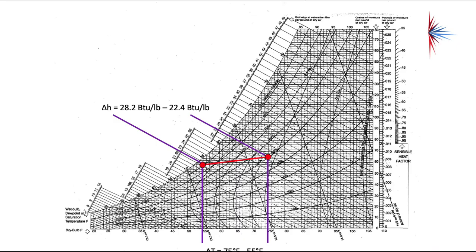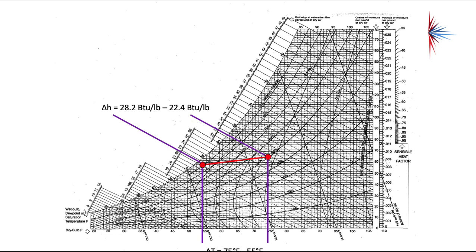So the first thing we have to do is find our delta H. We have to find the change in enthalpy. Now, be aware the number shown here is actually reversed, because we are actually removing BTUs per pound of air. So to find the enthalpy, again, you plot your two numbers, and then your wet bulb line continues out, and that finds your enthalpy, BTU per pound of dry air.